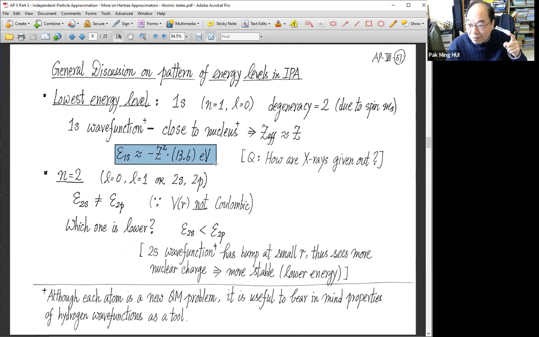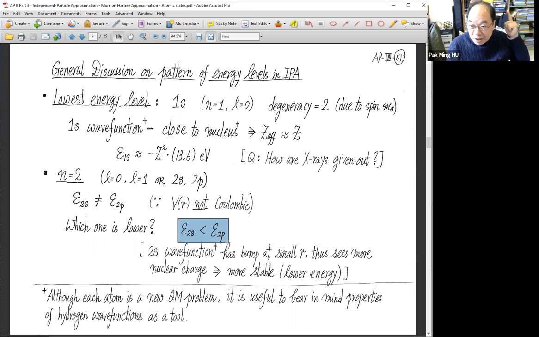Roughly, it is the case. Then n equals 2, the principal number 2, they are not the same because it is not strictly Coulombic. And then which one will be lower? 2s is lower than 2p.